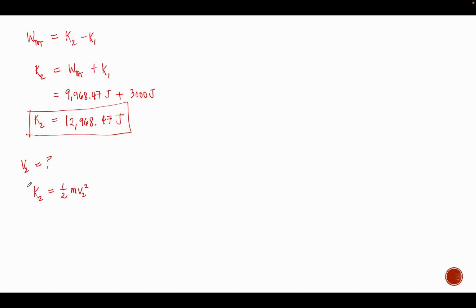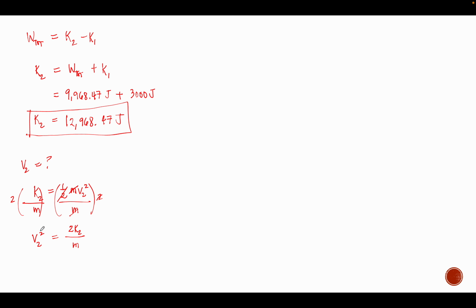Okay, so we need to divide both sides by m and multiply both sides by 2, so that this will be cancelled out. Also, 2 times 1/2 is just equal to 1. So we have V2 squared is equal to 2 times the final kinetic energy divided by the mass.